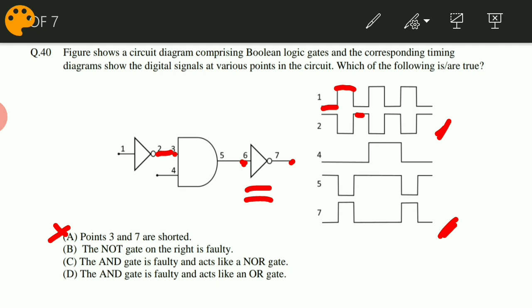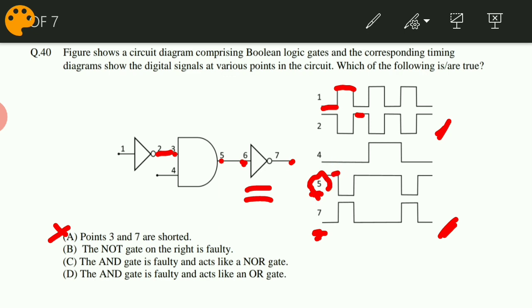Clearly, the signal at point 6 will be the same as the signal at point 5 because they are directly connected. We have here the signal at point 5 and the signal at point 7. This is the input of that NOT gate, and this is the output of that NOT gate. So, is the NOT gate inverting the signal?